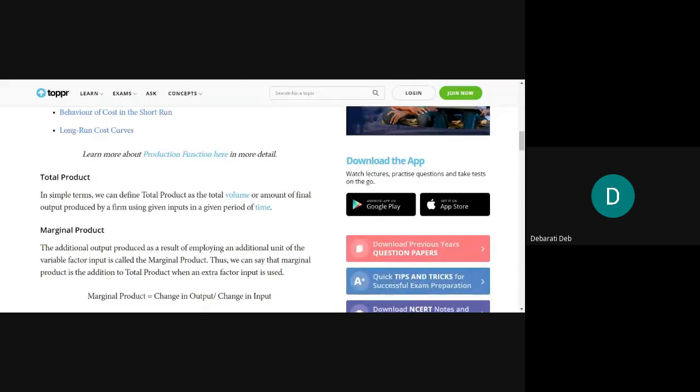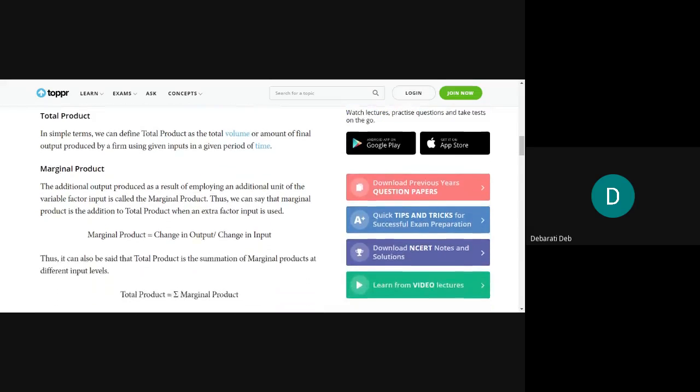Okay, so total product cannot be such that the company is producing for an infinite number of years the entire product you are considering. No, say for a period of 1 year, say for a period of 6 months. So within that period, whatever production is being generated, whatever is the total amount that the farm is producing, that is known as the total product. Okay, easy, right? Nothing difficult.